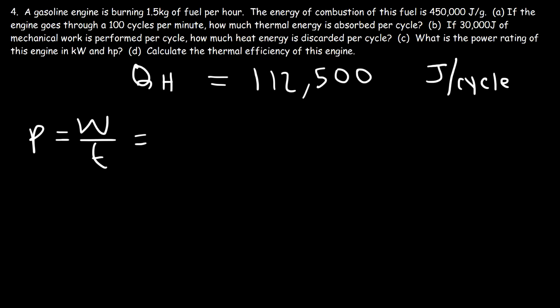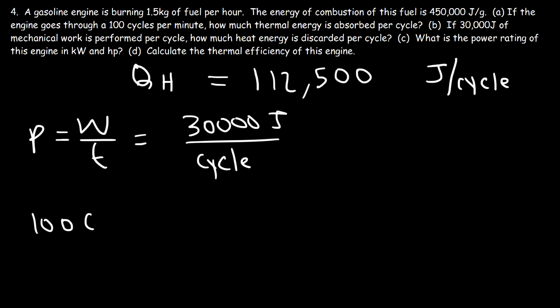And we have the mechanical work. It's 30,000 joules per cycle. And we have the time it takes to complete one cycle, which is currently 100 cycles per minute. So let's multiply by that.